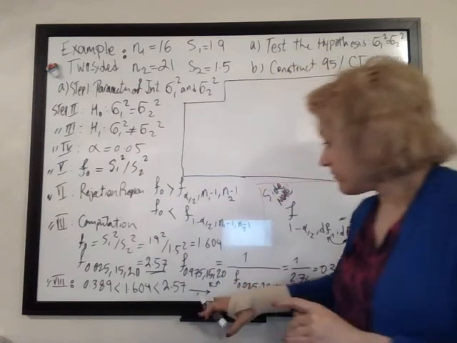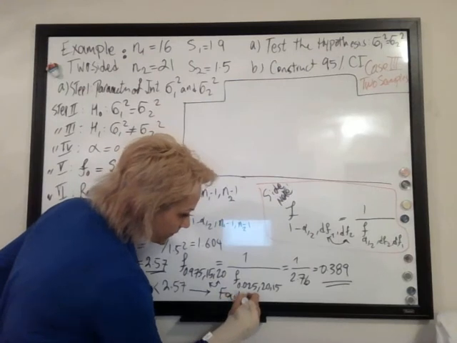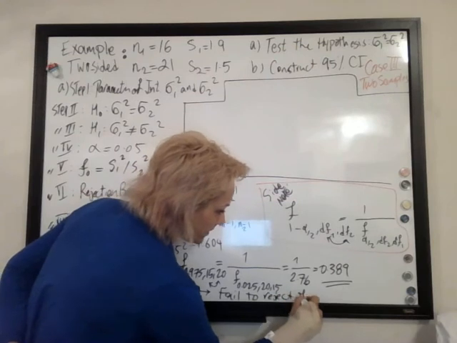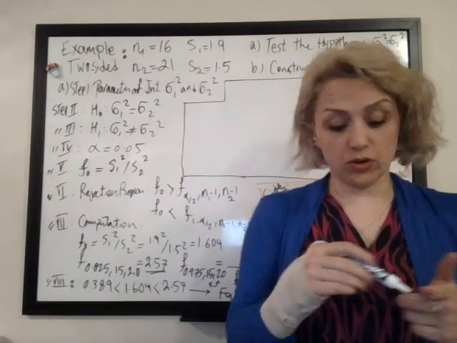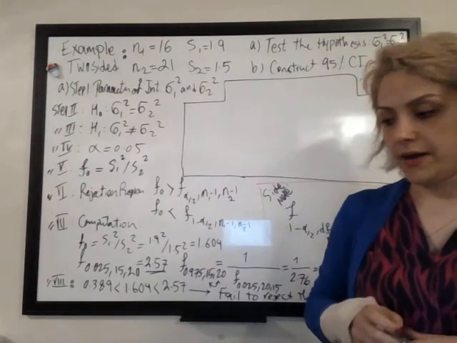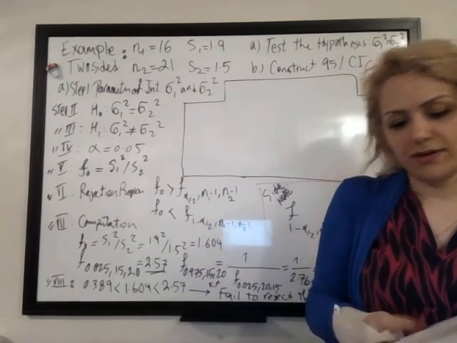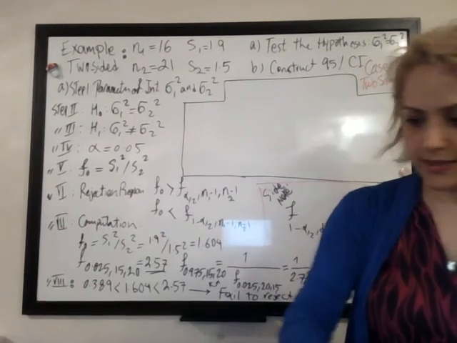But here, we fail to reject the null hypothesis. So I would write down fail to reject the null hypothesis. This is going to be our conclusion, step number 8. So we just close the book. Make it like this, it's better.